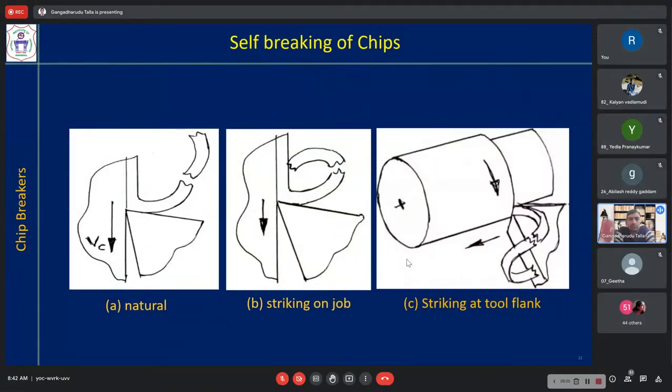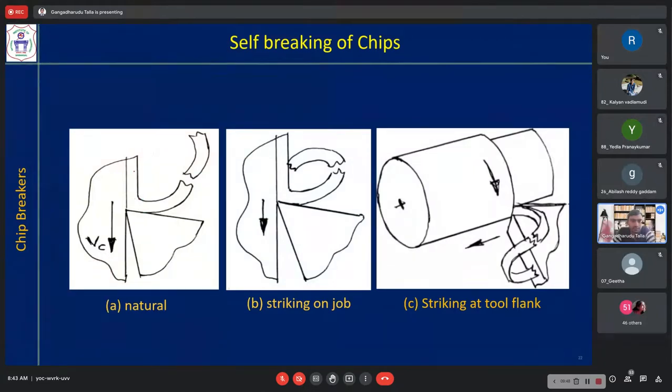First you can see figure A, that is natural chip breaking. The chip is being cut and it is coming and hitting the rake surface of the cutting tool, and now the chip is like a cantilever beam if you observe.